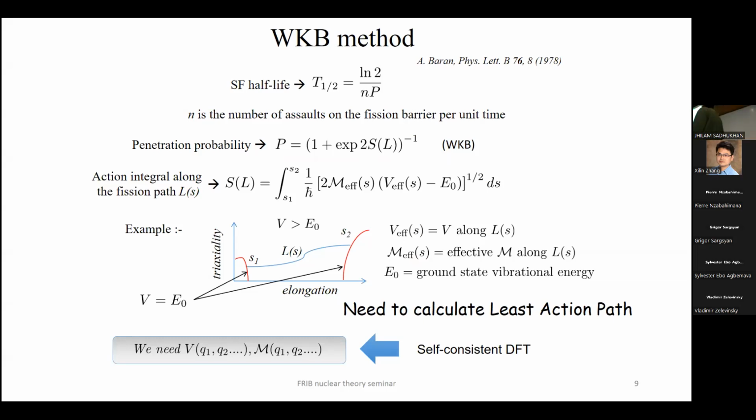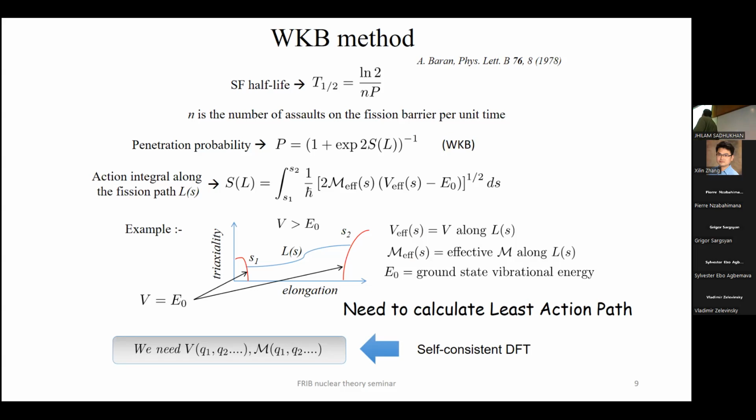And here I've shown a schematic of that. This is a two-dimensional surface, and this region is the barrier region. Then we have this inner turning line, and there are many possibilities. Our task is to calculate the minimum action path on this surface, and this minimum action path will give us the probability. To do that, we need this effective potential and the inertia.